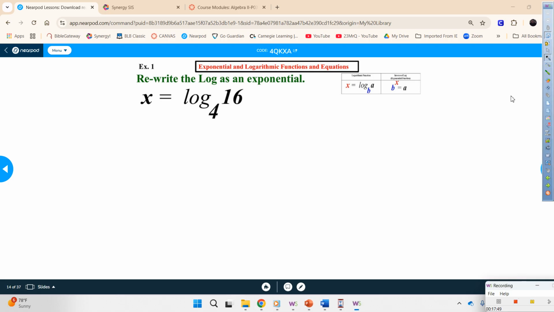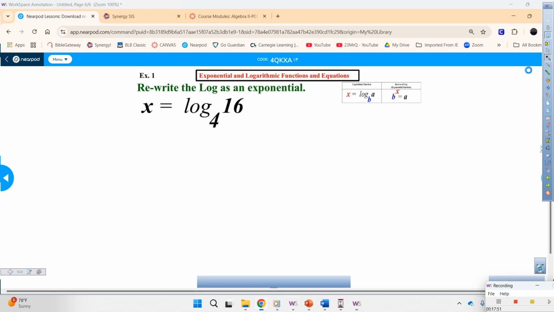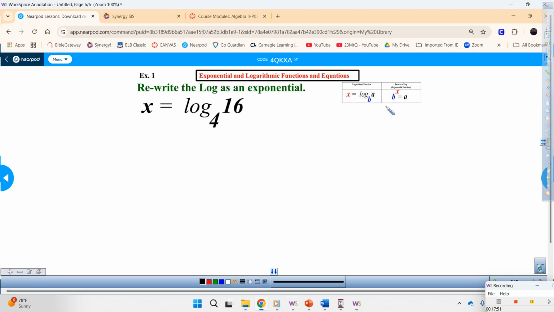All right, show your neighbor, see what you wrote. All right, Sean, tell me what you wrote. 4 to the x equals 16. Hands if you got that. That is correct. All right, let's move on.